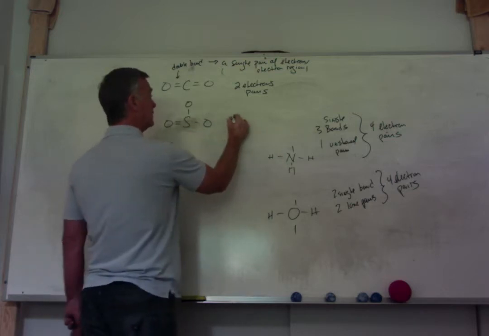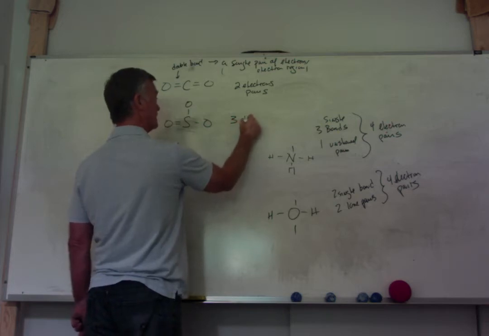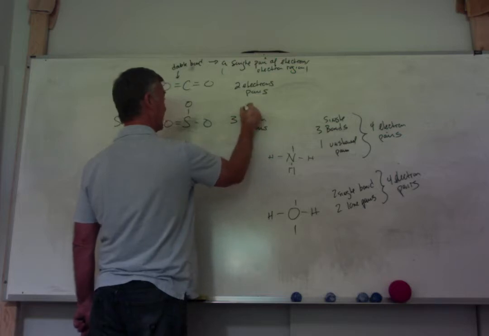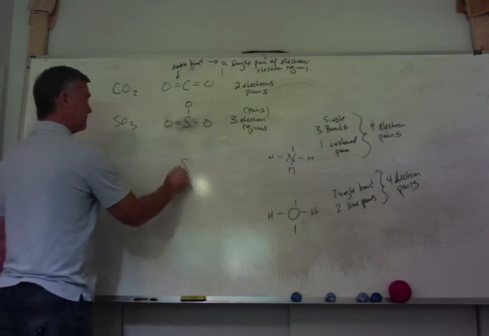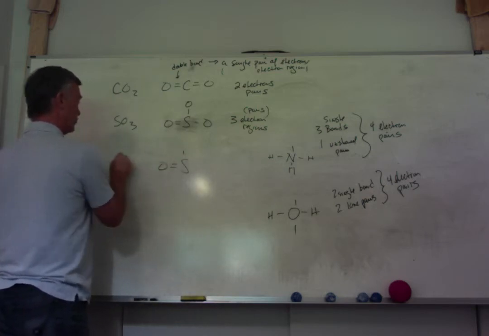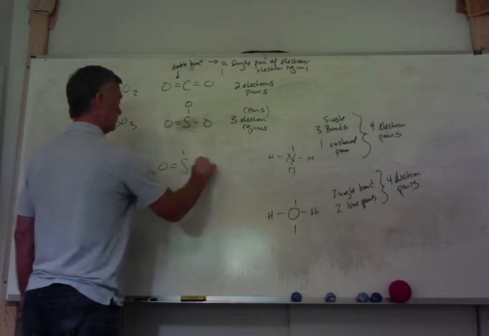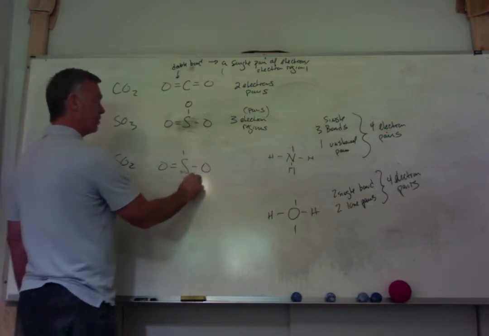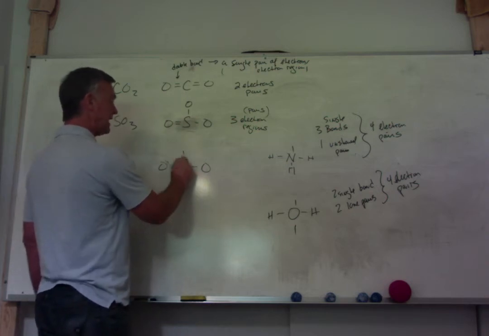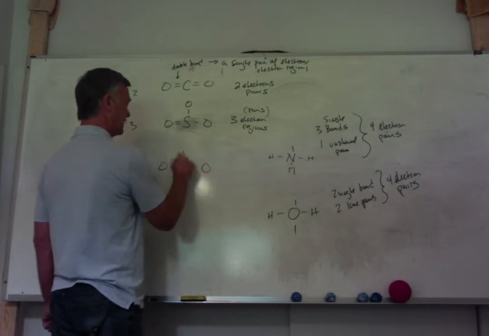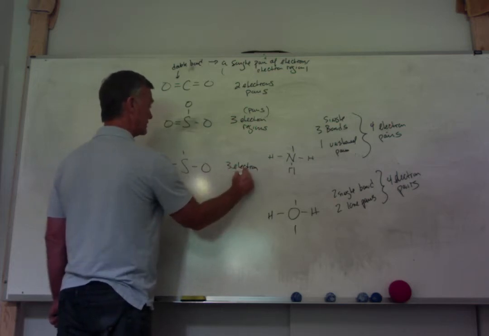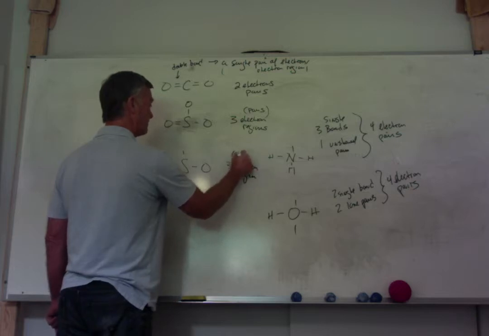This would be 3 electron regions, or actually, we would say 3 electron pairs. If this had been SO2, we would end up with that. And if you're counting, we have 2 bonds and 1 unshared pair. This would also be 3 electron regions, or 3 pairs.